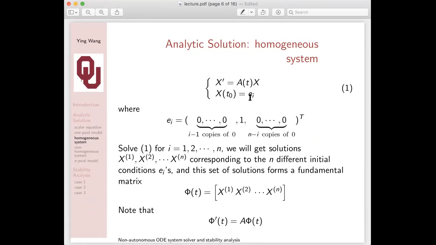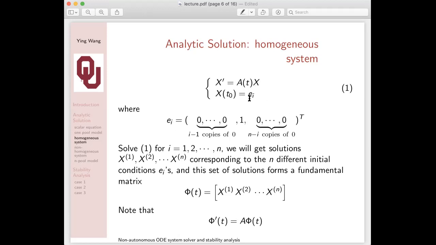E1 is an n-dimensional vector with the first component equal to 1, everything else equal to 0. E2 has only the second component equal to 1, everything else equal to 0, and so on. Each one of those Ei is a standard basis vector in the Rn space.